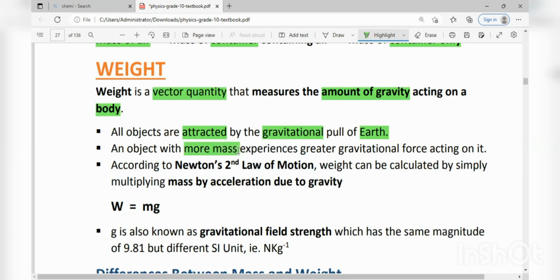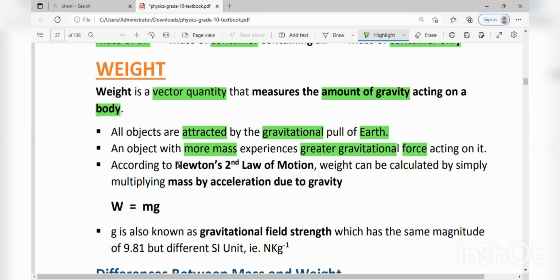So when a certain object has more mass, expect to have a greater gravitational force acting on it. Okay, the smaller the mass of an object, the smaller the gravitational what? Force.